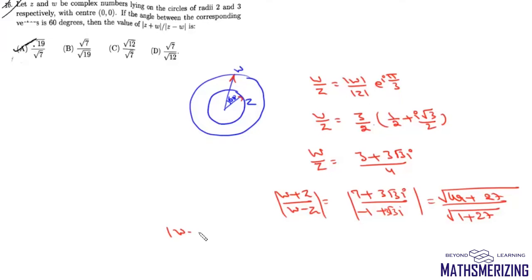So mod of W plus Z upon mod of W minus Z will be root 76 upon under root 28. So it'll be root 7, and here will be 1 and 9. So it should be under root 19 by under root 7, and that's your option number A.